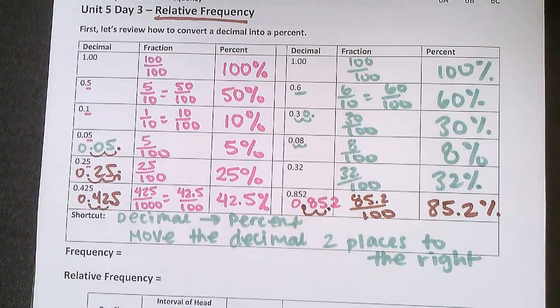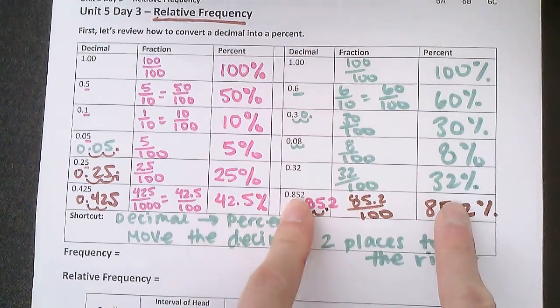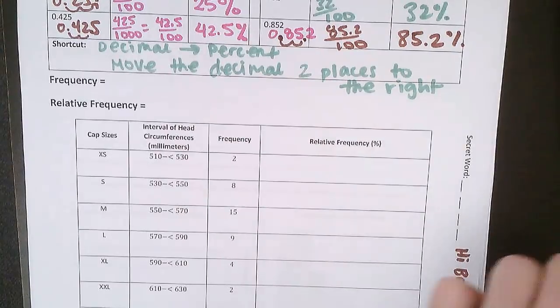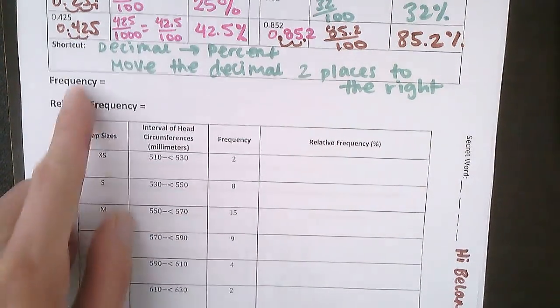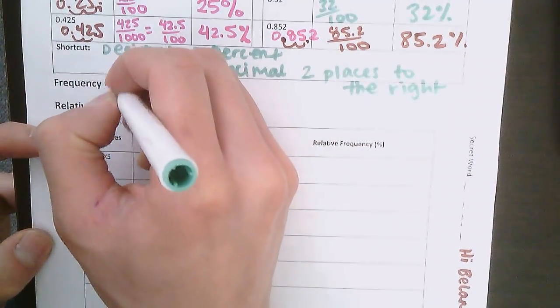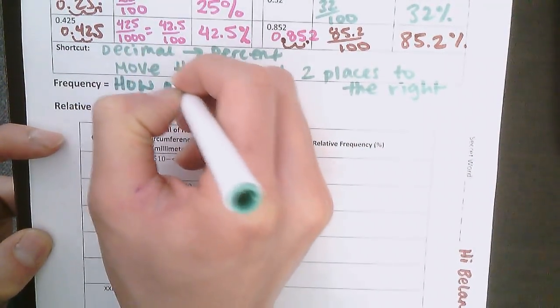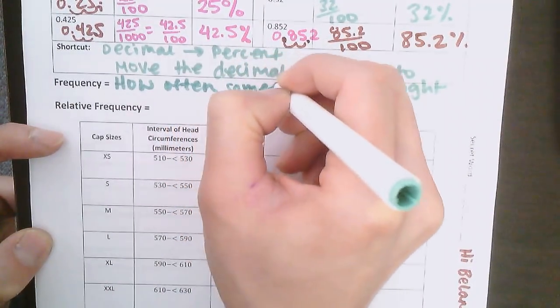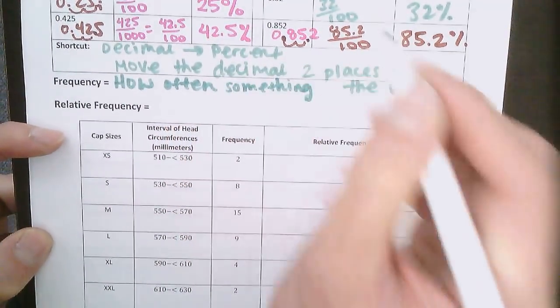Now that we know how to convert decimals into a percent, we can move on to the next part of the lesson. What we learned last week was frequency. Frequency means how often something occurs.